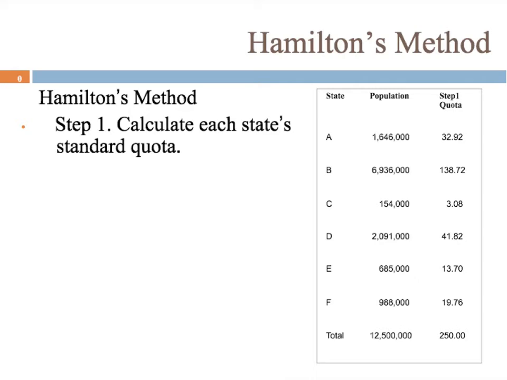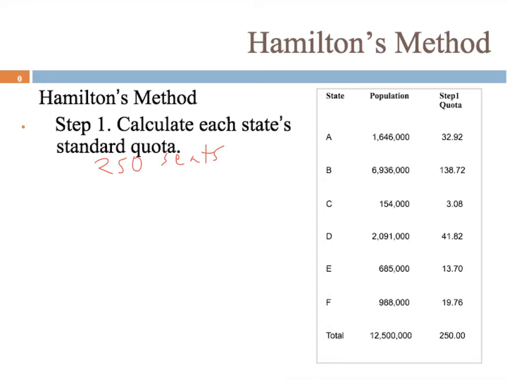To get a standard quota for a state, first we need to know how many seats are given within the particular problem. So in this problem there were 250 seats that are available, so let's go ahead and write that down. So we have 250 seats. And then we need to find the standard divisor.